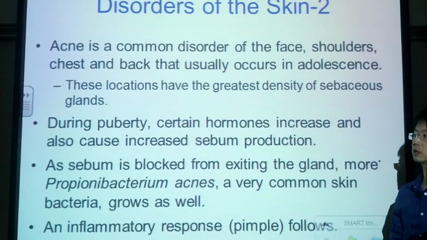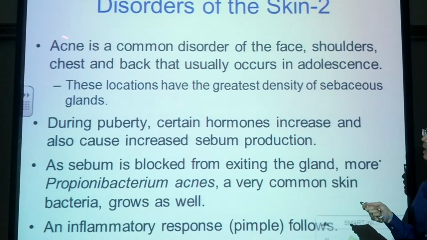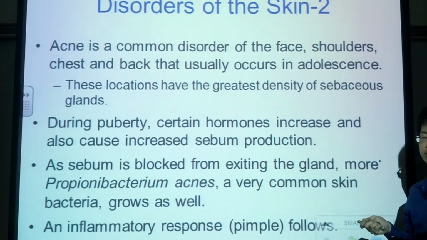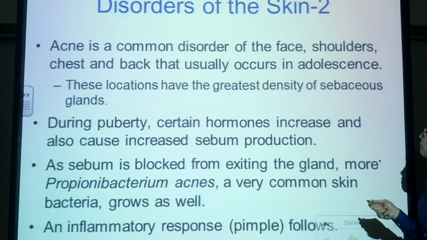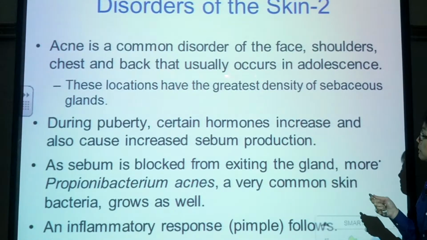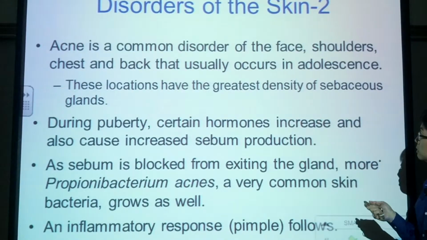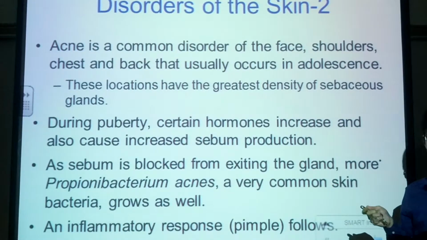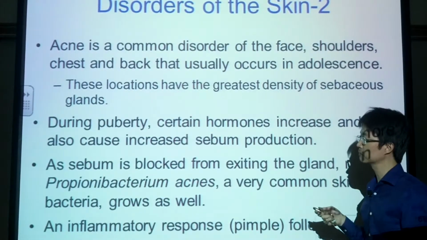Another common disorder of your skin is called acne. Okay, many of us experience acne outbreak during our puberty. You have acne on the face, on the shoulder, on the body, chest, and back. These locations, because we have a lot of sebaceous gland. Okay, sebaceous gland is the oil gland that I talked about.